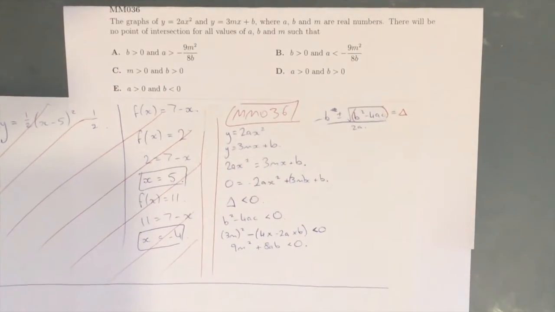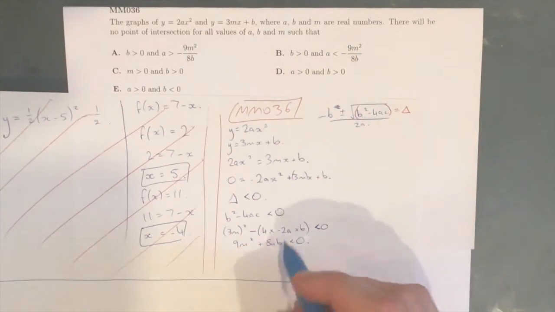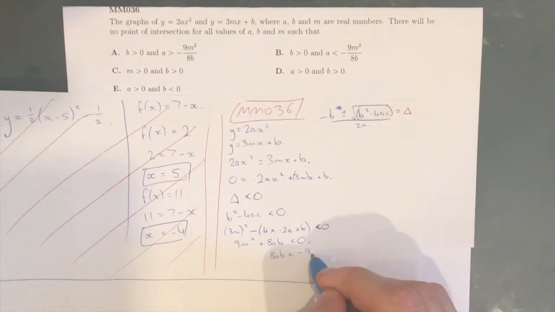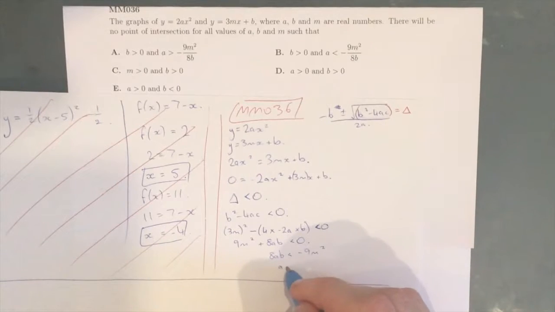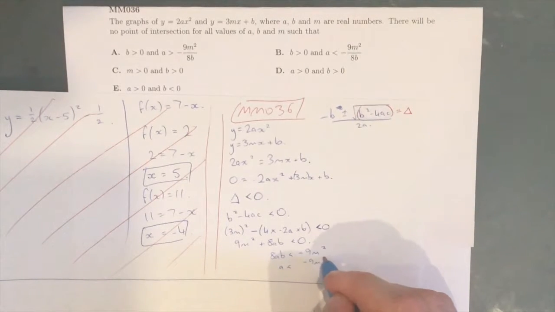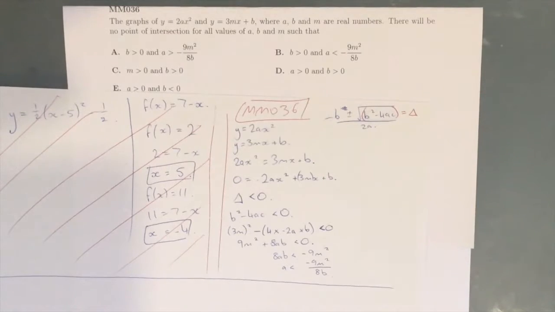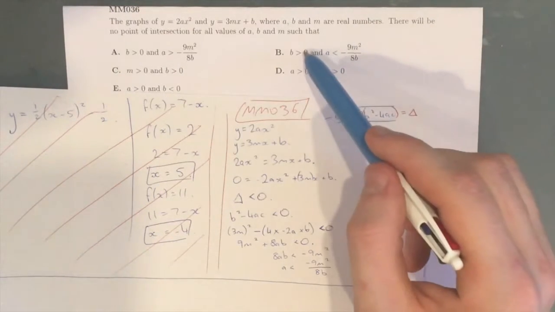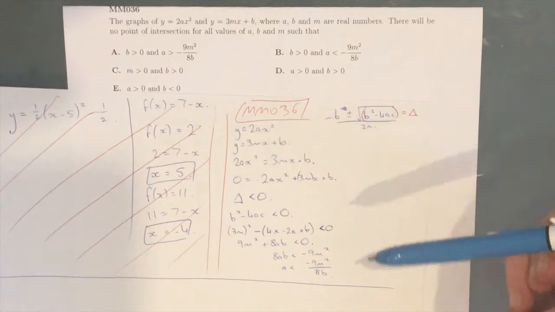So from here, we want to get a by itself. So we get 8ab is less than negative 9m squared. A is less than negative 9m squared over 8b, where b is greater than 0.